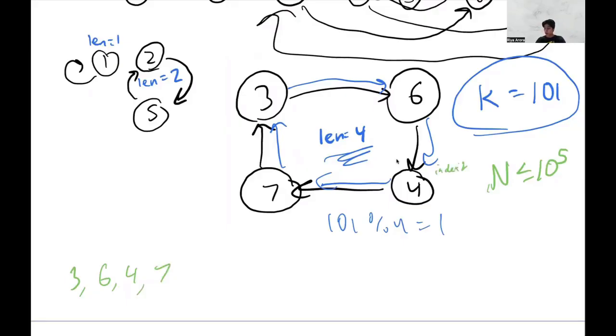Now, when we want to know what is 1 spot beyond 4, we look at index 2 plus 1 to get 3. What's 2 spots beyond? That's going to be 5, but then we take a mod, so it's going to give us location 3. So 1 step beyond is 7, 2 steps beyond is 3. That is how we're going to detect and find cycles in a graph where there only are cycles. And that'll solve this problem here.